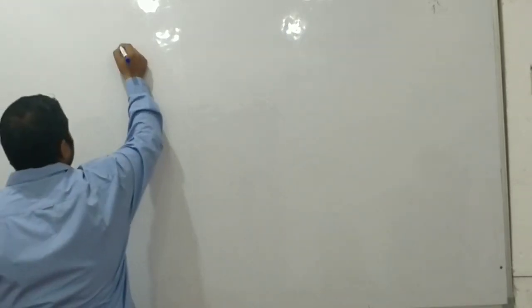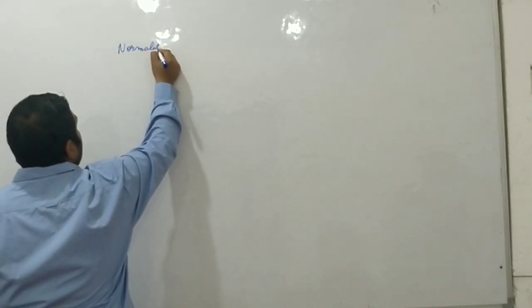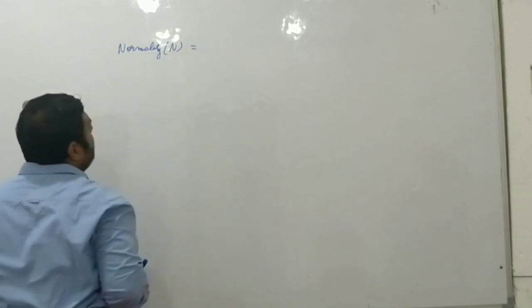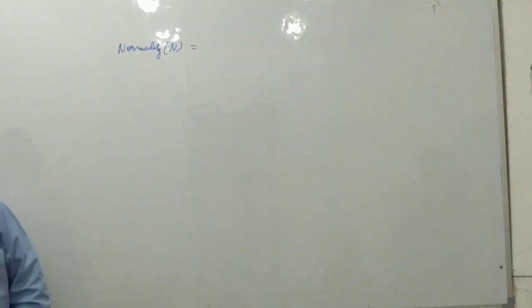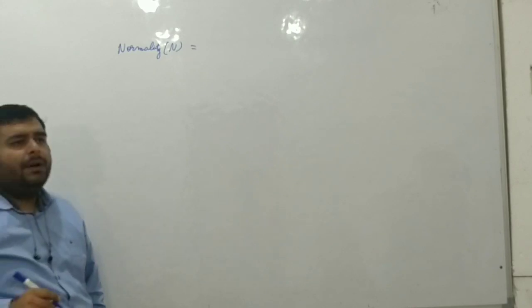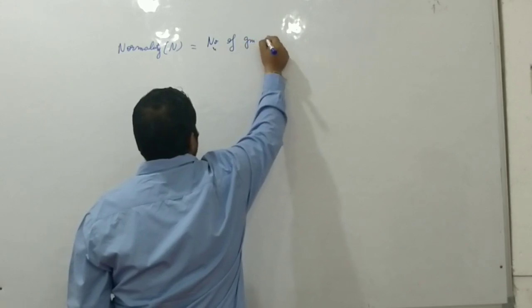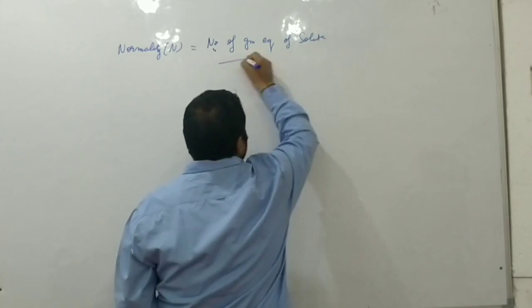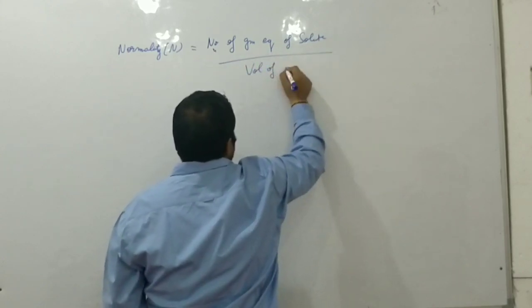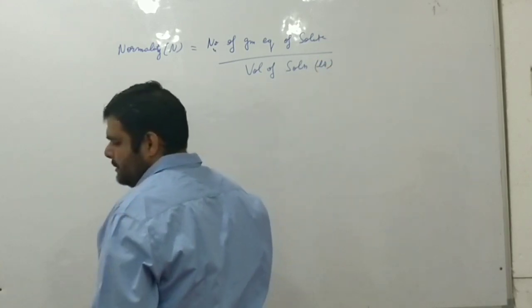Now our next term is normality. Its symbol is capital N. Now normality, it is defined as the number of gram equivalent of solute over volume of solution in liters.